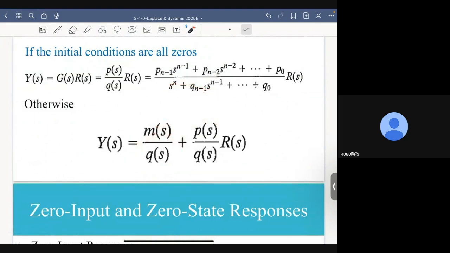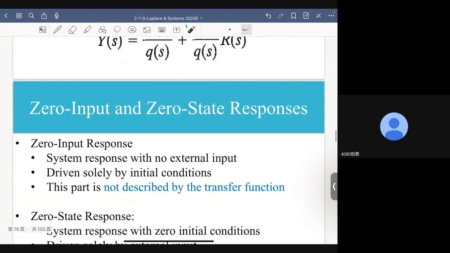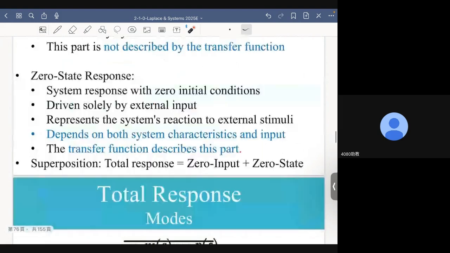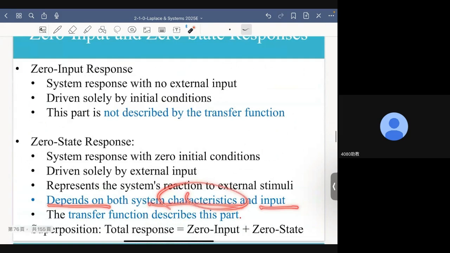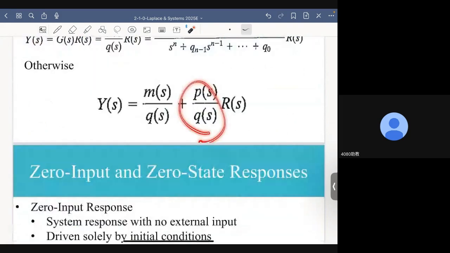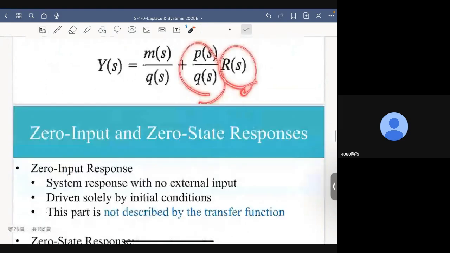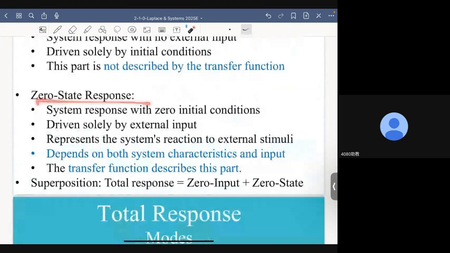The term zero state represents zero initial states or zero initial conditions. It represents the system reaction to external stimulus, okay? It depends on both system characteristic and the input, right? This represents system characteristics. This represents input, right? So that response depends on both system characteristics and input.